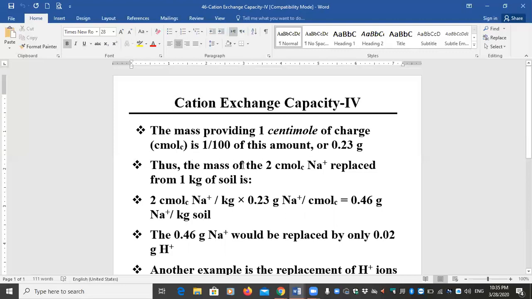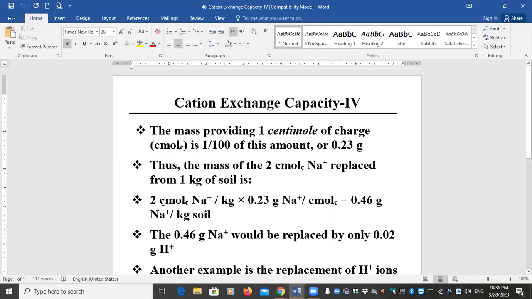Thus, the mass of the 2 centimole charge of sodium replaced from 1 kilogram of soil, that's the example, 2 centimole of charge of sodium per kilogram. Each one of these centimoles we already calculated weighs 0.23 gram.